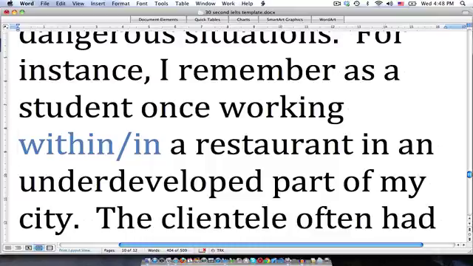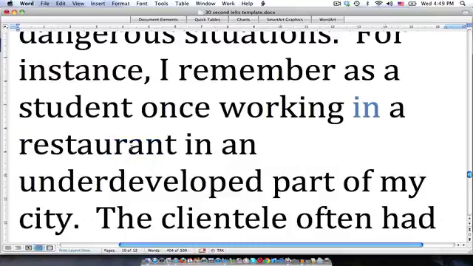It's sometimes a phrase that's used if you're going to describe a place where you're working and then continue the sentence on and describe further. So I'm working within a firm that is responsible for X, Y, and Z. In these cases, people would probably lean towards using "within." But if I'm just saying a restaurant, it's not what would normally be chosen. So I'm working in a restaurant in an underdeveloped part of my city.